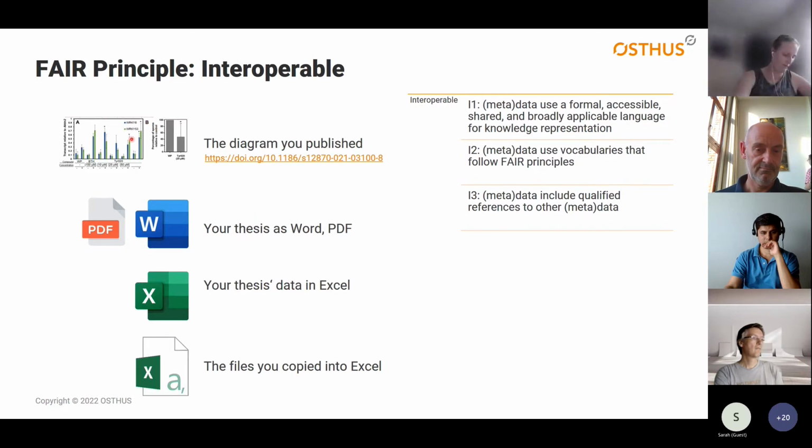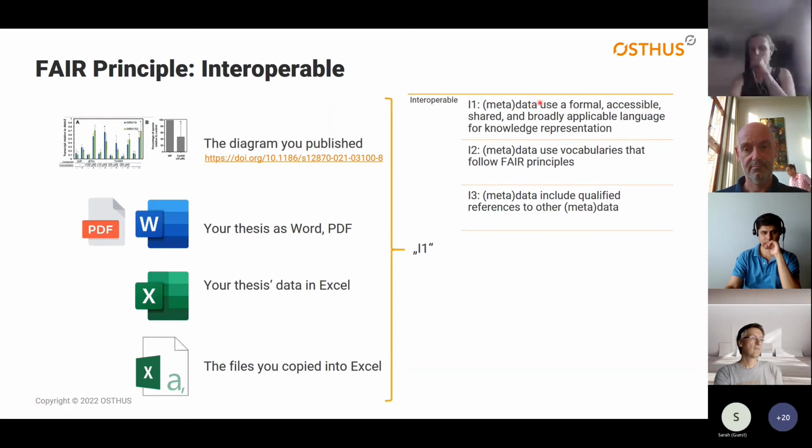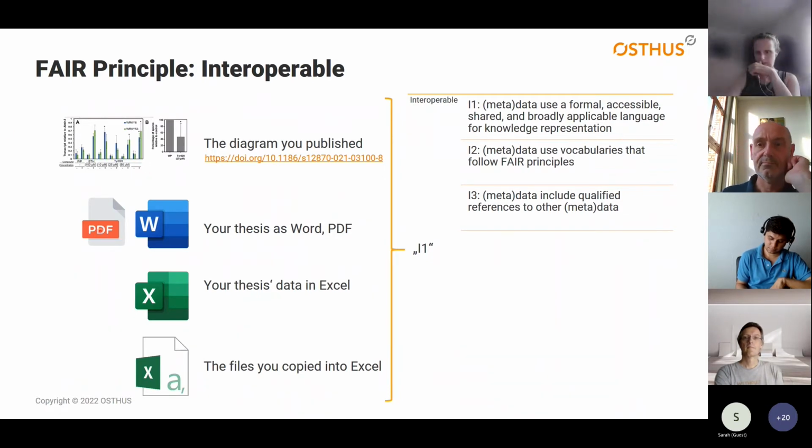So these are different examples of interoperability. The data or the metadata use a formal, accessible, shared, and broadly applicable language for knowledge representation. And this is so broad and so abstract that it really depends on the context. So for your professor who wants to give you a grade, he or she needs the PDF.